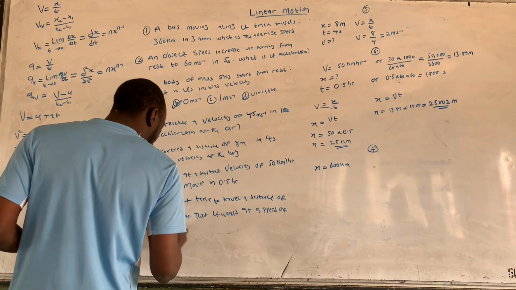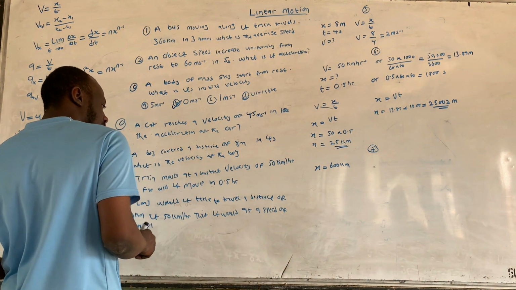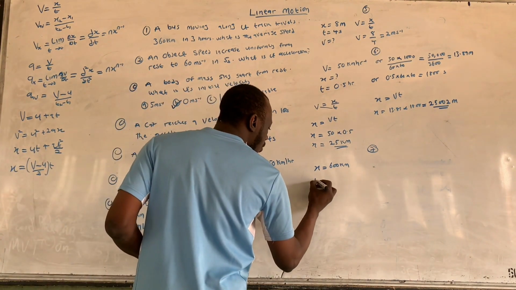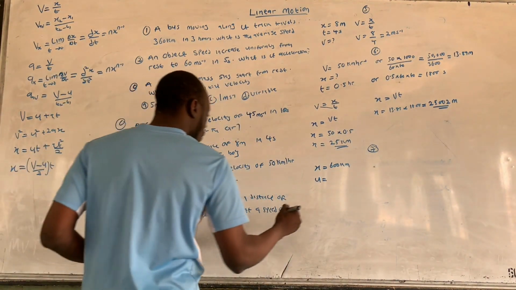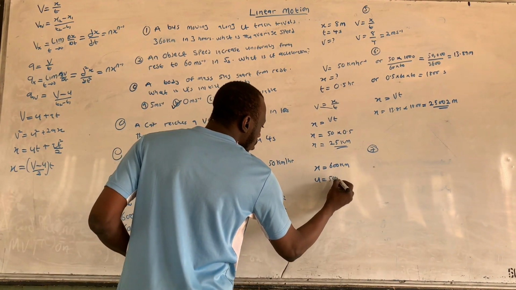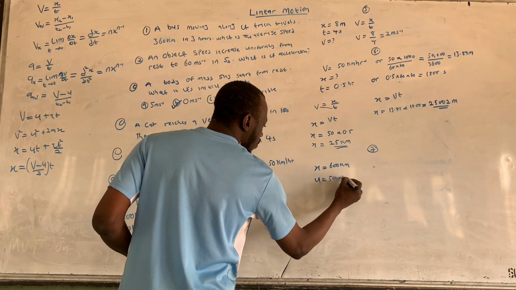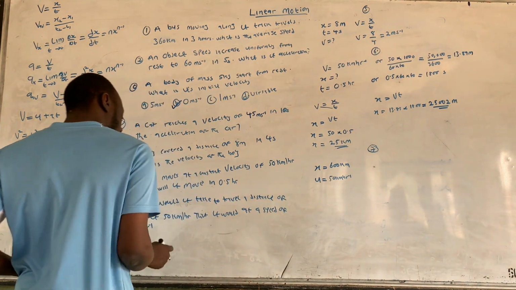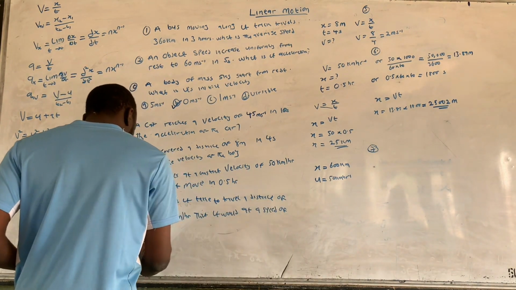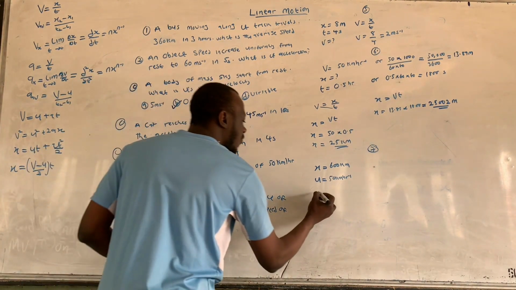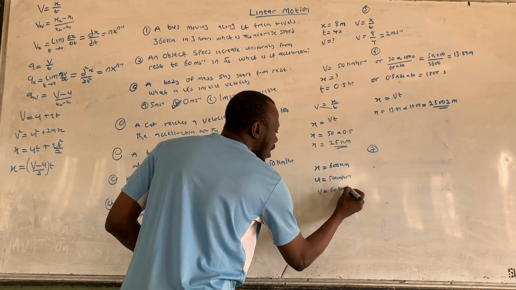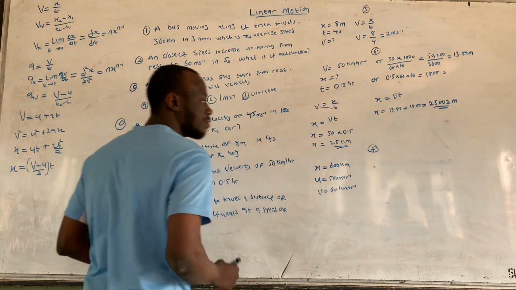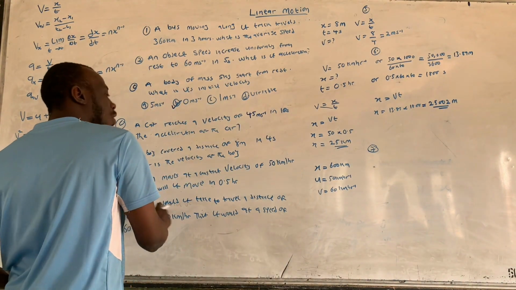At 50 kilometers per hour, meaning our speed u here equals 50 kilometers per hour, because we have two velocities in this question. Another speed v equals 60 kilometers per hour.